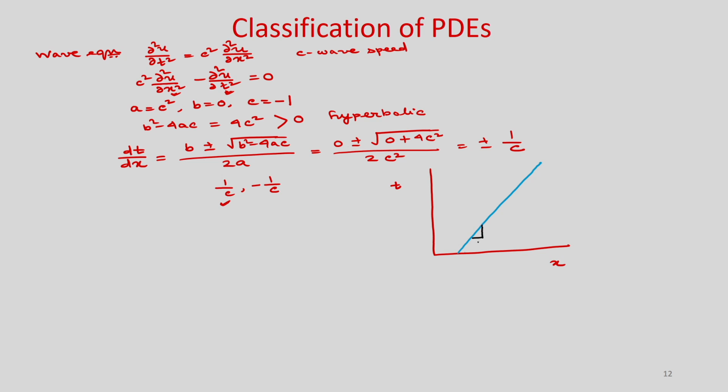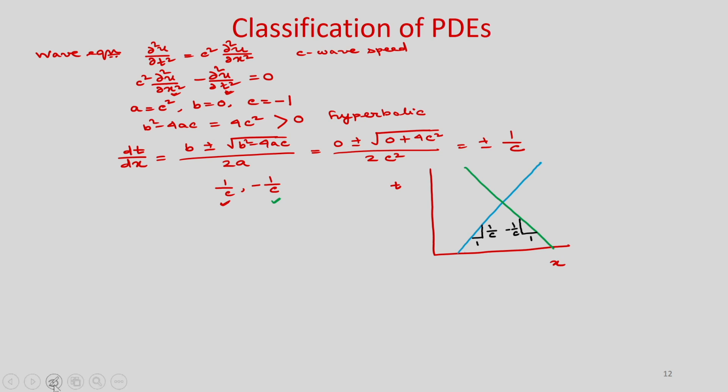If it is 1 by c, then dt by dx will be 1 by c. And similarly, for minus 1 by c, it will be like this. And the slope, you can see, this is 1, this is minus 1 by c. So, two characteristics.